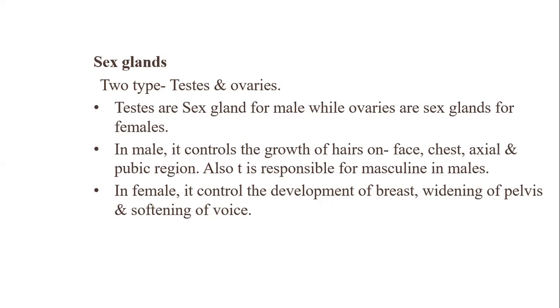In females, it controls the development of breasts, widening of pelvis, and softening of voice. However, there is no development of hair on the face in females. So all this is regarding various endocrine glands and their morphology.